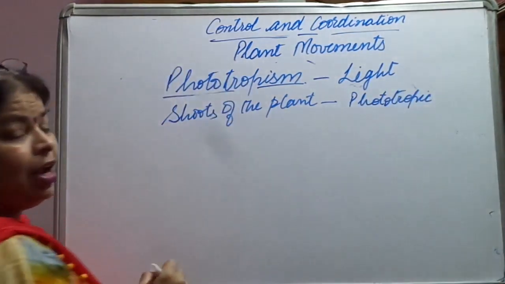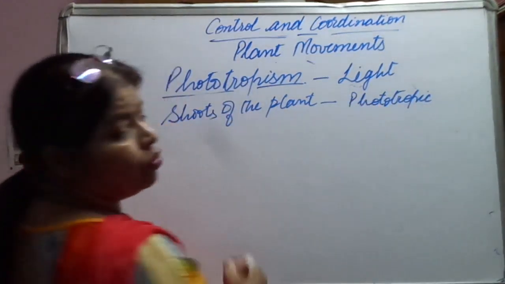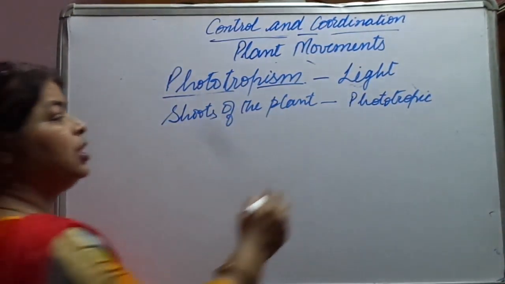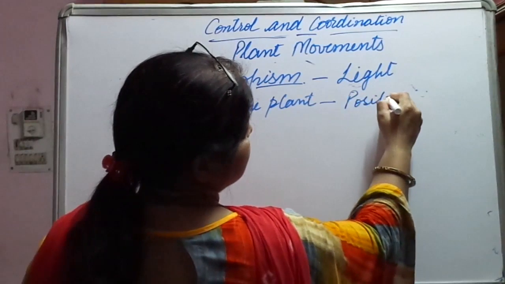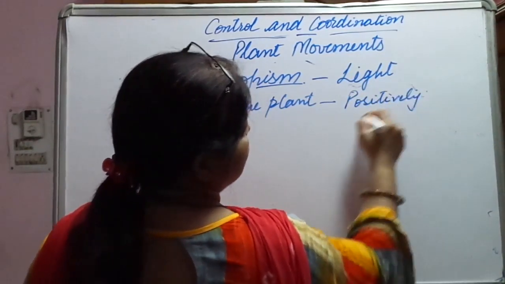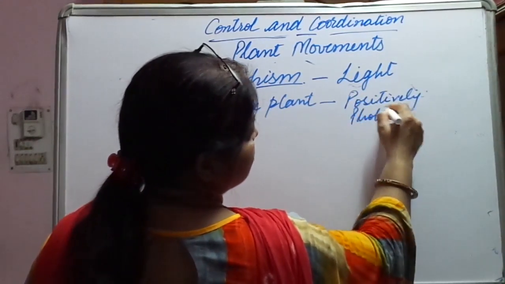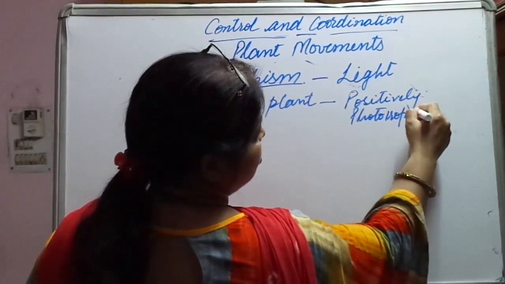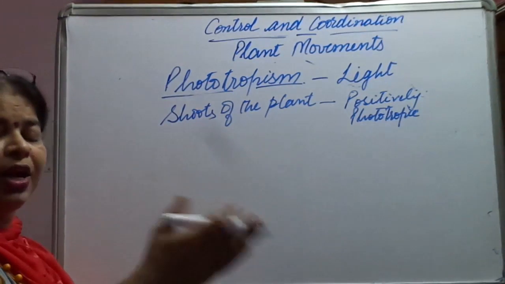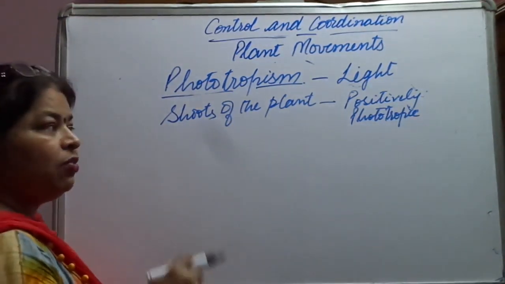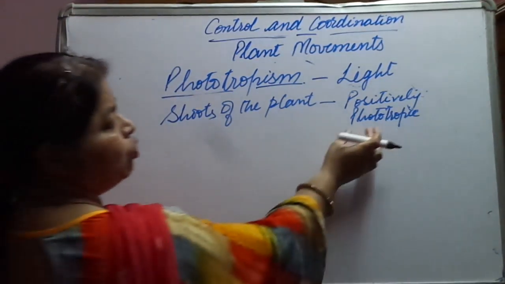While roots, these are negatively phototropic. Right now I told you that when the plant part is going towards the stimulus, we say positively tropic. So the shoot is positively phototropic.